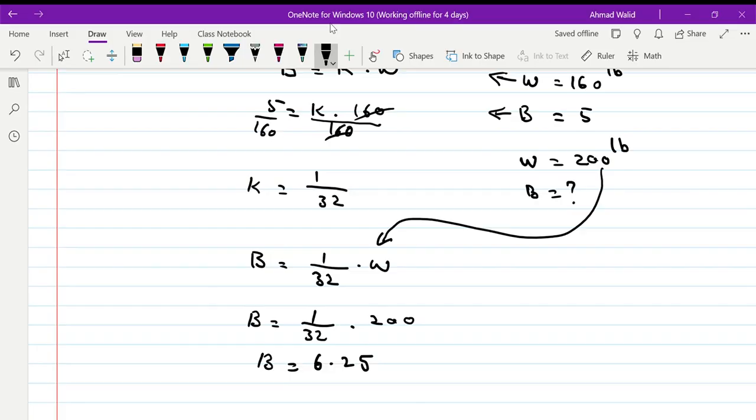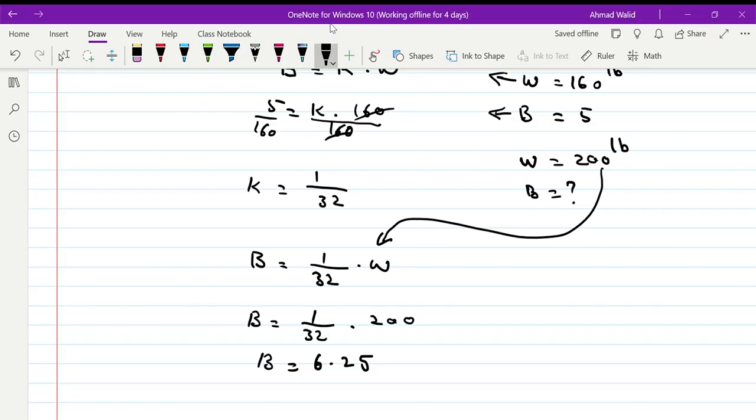You see, when a person had 160 pounds weight, he had 5 quarts of blood. When it's 200 pounds, it goes a little bit higher, 6.25.